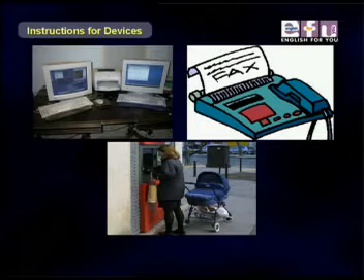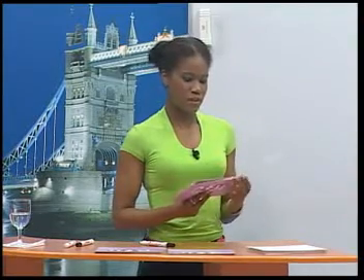Then, connect it to a telephone line. Third, turn it on. After that, click on the program you want to use. Next, do your work. Then, save your work. When you finish, click the Start button and choose Shutdown. Finally, turn it off. Linda, what machine were those instructions for?